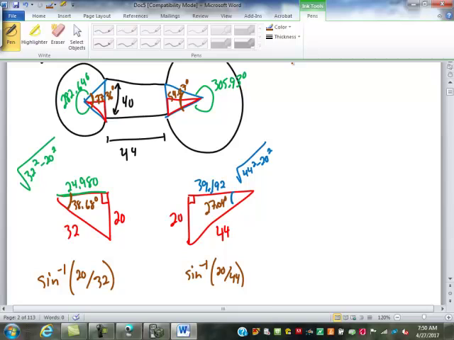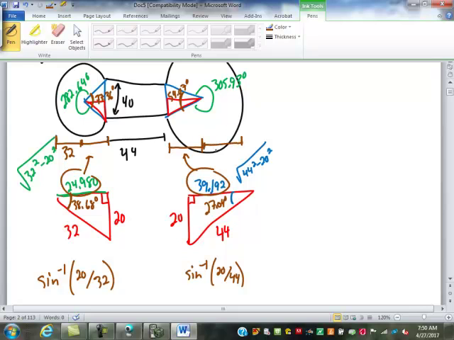Okay. So now we have the length x across there. From here to here is just the radius of that circle, which is going to be 32. From here to here is that piece there, 24.980. From here to here is this piece, the 39.192.